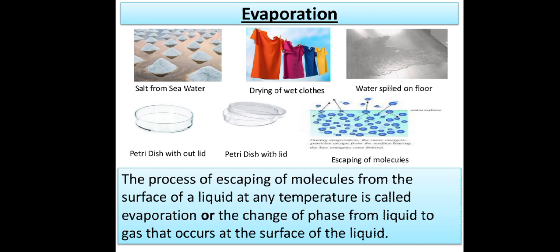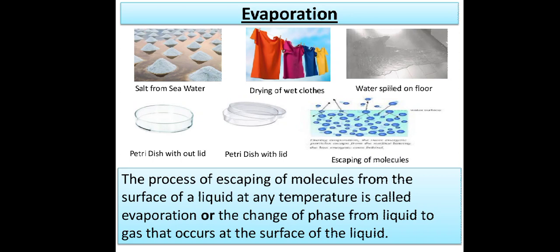As I already told, in the drying of wet clothes, this conversion of water into vapor occurs at room temperature. Similarly, when water is spilled on a floor, the drying of the wet floor occurs at room temperature. In both conditions, the evaporation of water occurs below its boiling point.